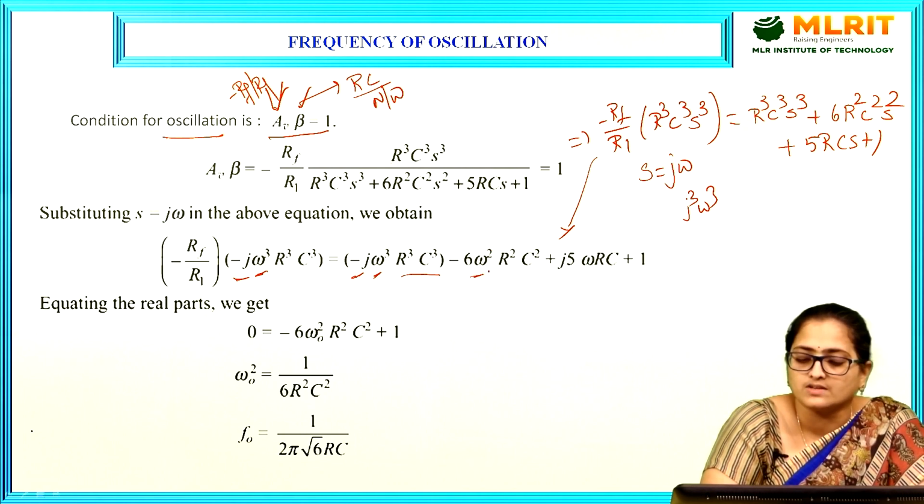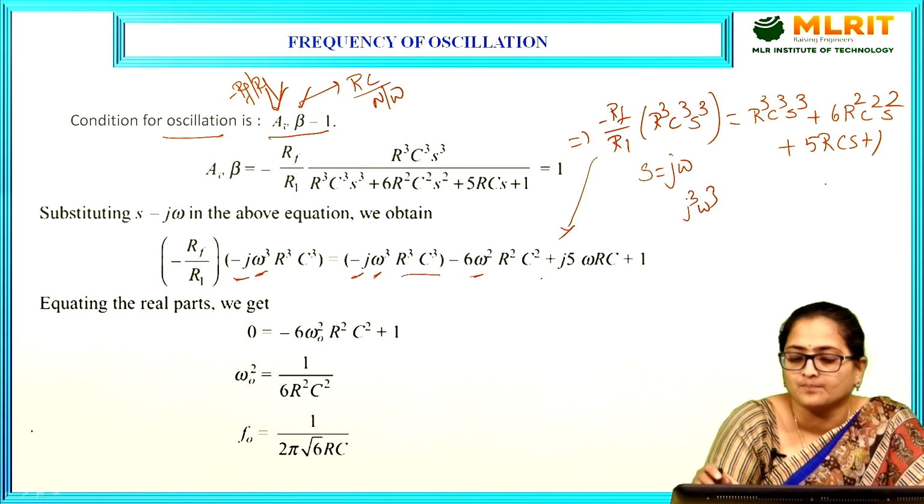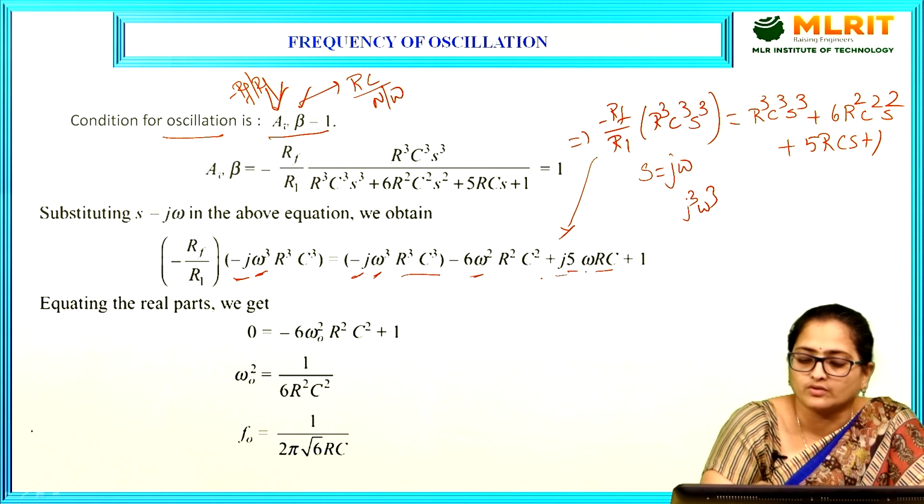So minus 6 omega square R square C square plus 5 RC S, where S is equal to J omega. So you can write it as J 5 omega RC plus 1.